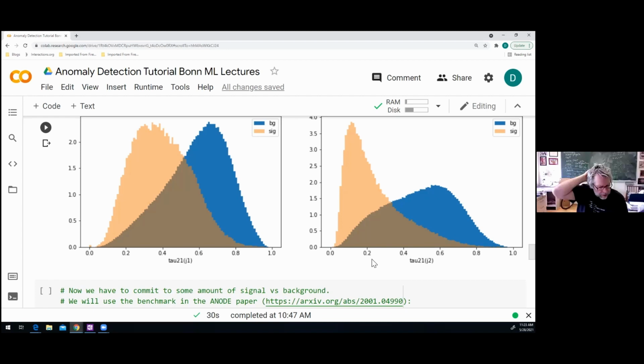Would you say this has taken hold now in the ATLAS and LHC experiments? You mean anomaly detection specifically, for searches? Oh yeah.